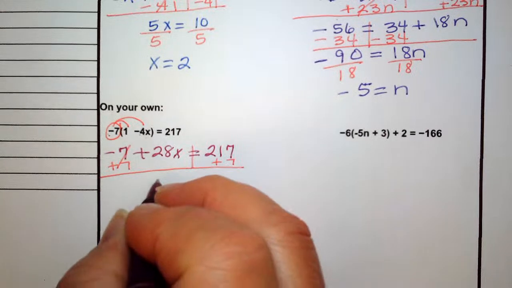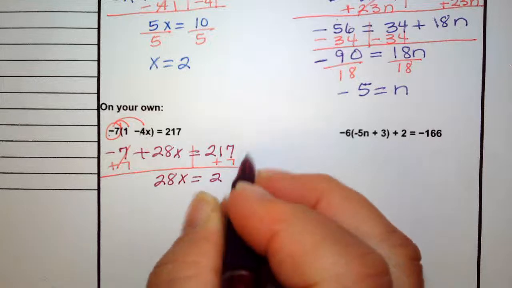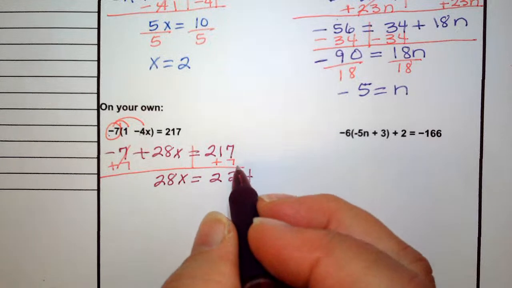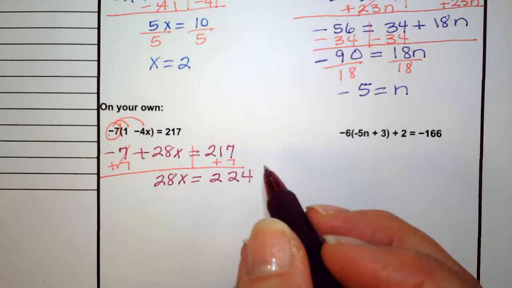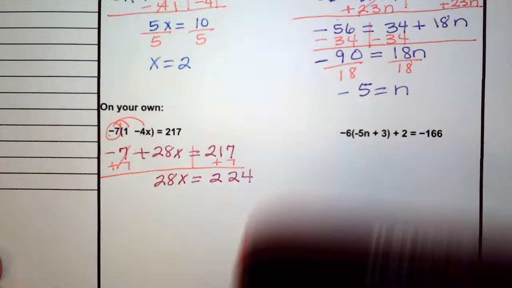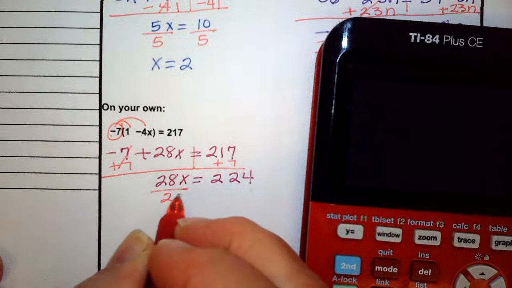28x is equal to 224. Because I've got 14, that makes this become a 2 instead of a 1. Now, I am ready to use my calculator because I've got to divide both sides by 28.